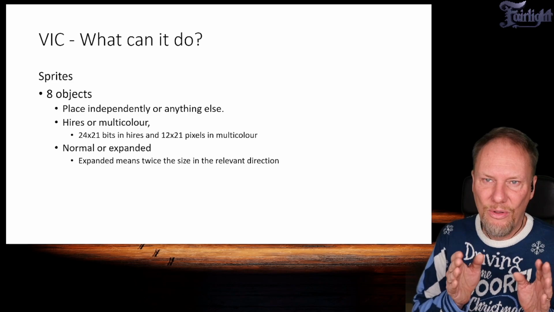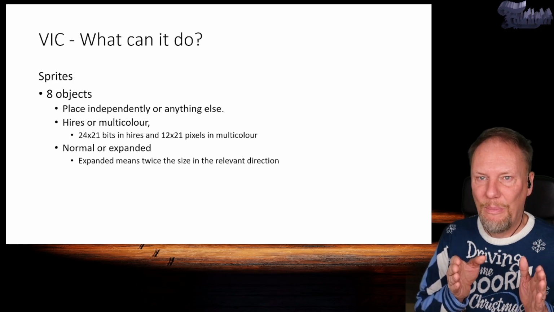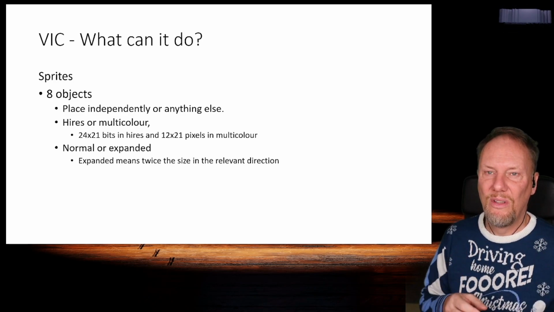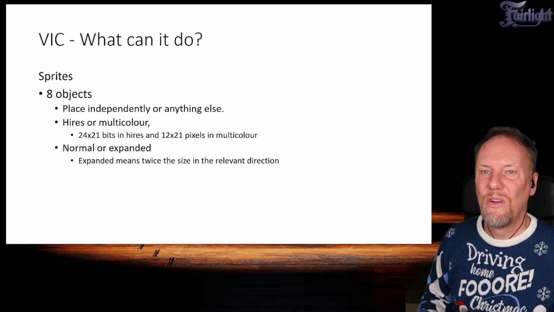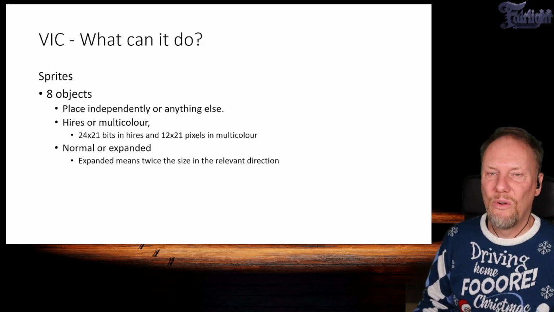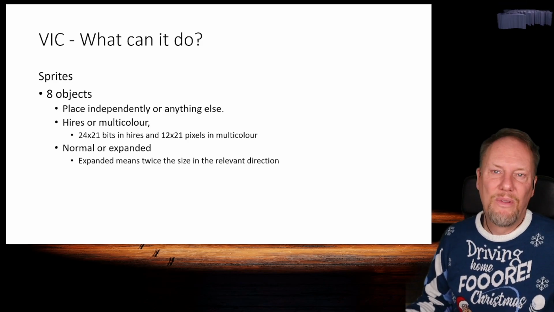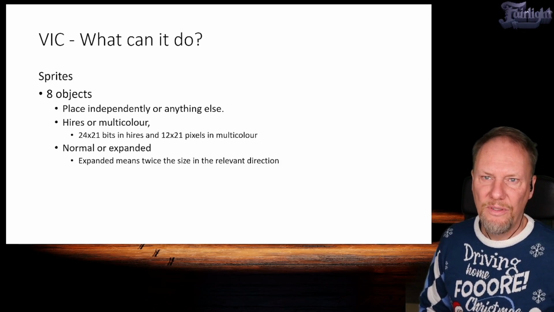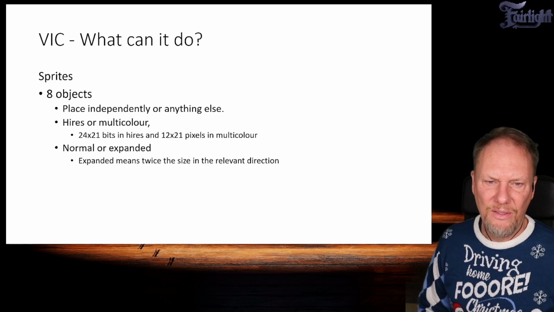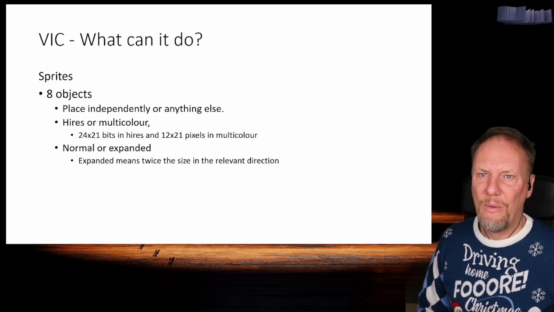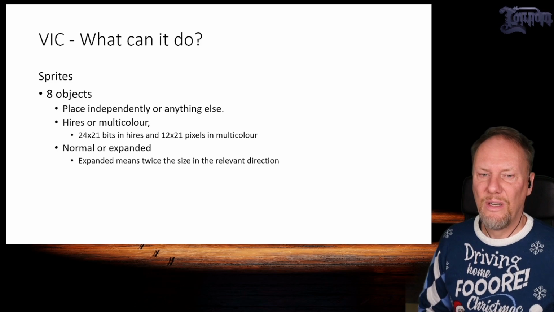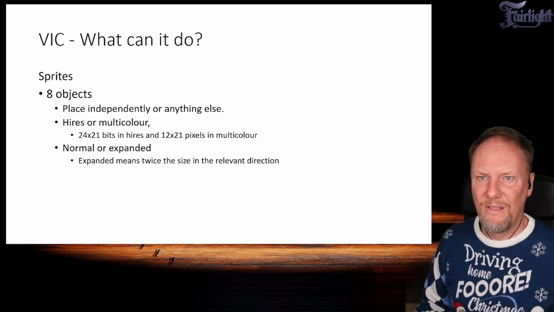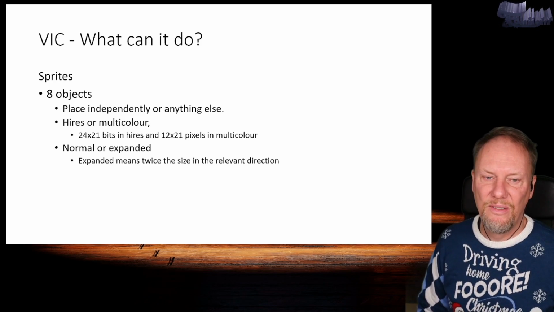So a slot for a sprite is 64 bytes, but only 63 of them are actually used for sprite content. You could store an individual color there just so you have it stored next to the sprite, but it's a free byte, that one.